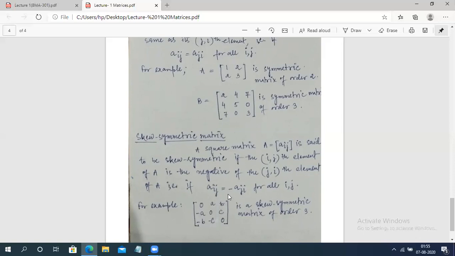So Aij is minus Aji, then we say that this matrix is a skew symmetric matrix.